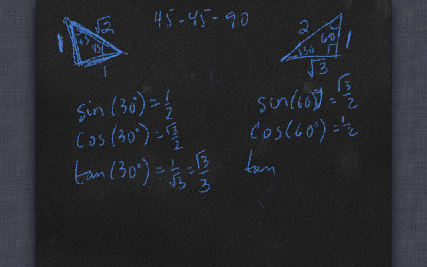Tangent of 60 degrees is opposite over adjacent, so square root of 3 over 1, which is just root 3. So tangent in this case, 1 over root 3 or root 3 over 1. So this is where square root of 3 will show up a lot in these special triangles. And so this is another thing that you need to have memorized.